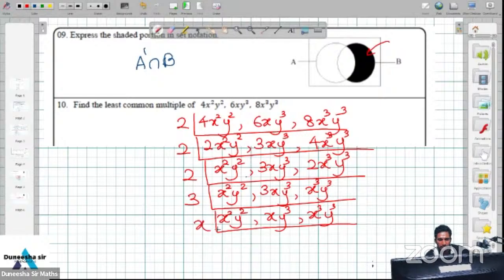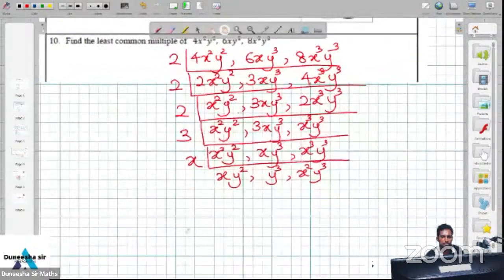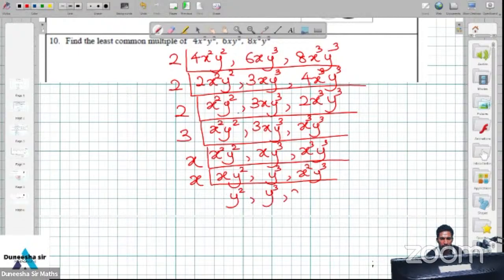We can divide by x. Again we can divide by x, and by y.